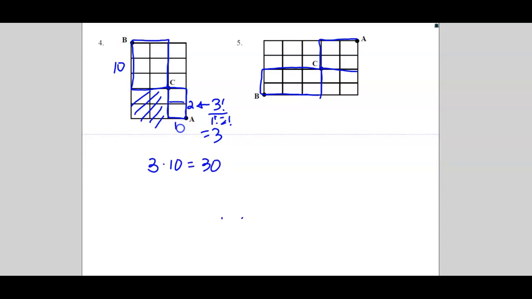So this one here, have to get from A to C. So really, we don't care about those parts to it. This is 2 and 2, so that's going to be 4 factorial over 2 factorial, 2 factorial. Again, in your head, 4 factorial divided by 2 factorial is 4 times 3. 4 times 3 is 12, divided by 2 is 6. Here, that's going to be 10.